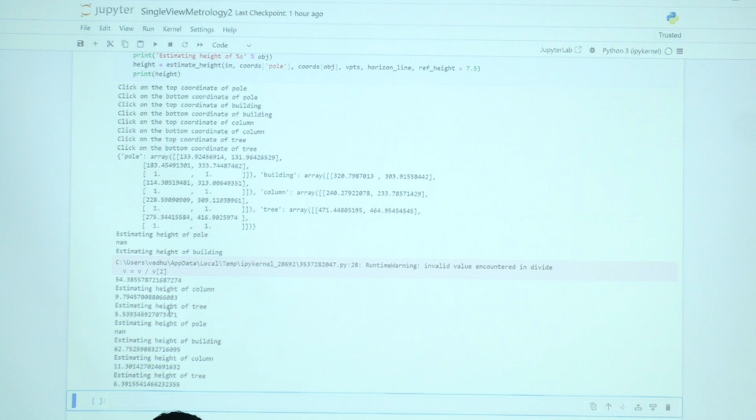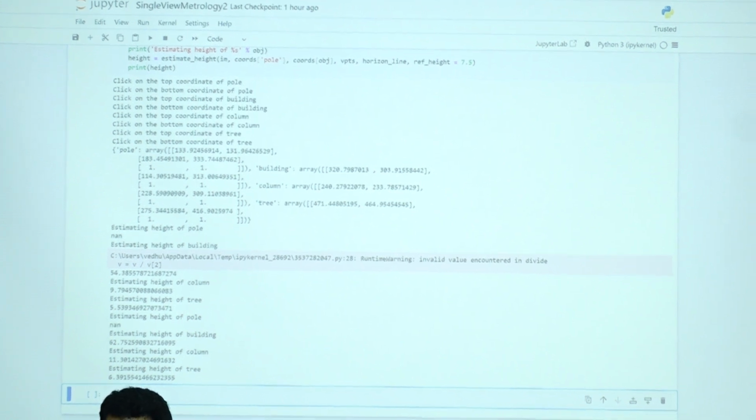I think the tree is a little bit shorter than 5 meters, but I don't know how tall the building is, but for the column I think that's 3 stories, so 9 meters seems okay. Building is? And then how much is it? Yeah, so 54 is a bit high, I think.